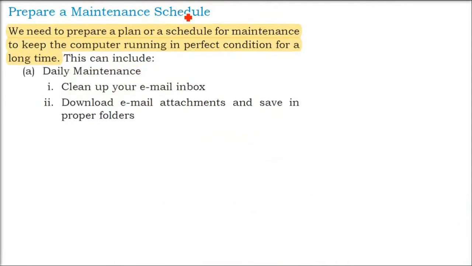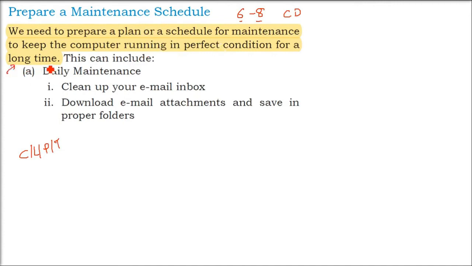To maintain any computing device, we have to have a schedule. For example, a car: you will maintain it, you will do the service every 6 to 8 months. Similarly, this computing device, whether it is a computer or a laptop or a palmtop, tablet or any other electronic device, we need it to run perfectly for a long time.